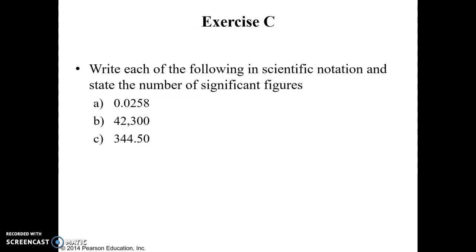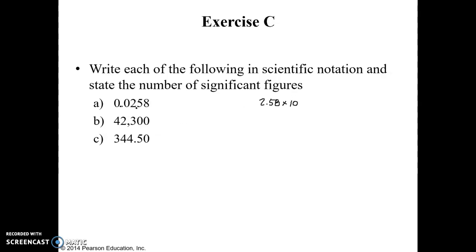Okay, let's do some practice exercises here with scientific notation. We want to write each of these in scientific notation and state the number of significant figures. So if we look at the first one, when we put things in scientific notation, we want the decimal place to come after the first number. So we want this to be 2.58 times 10 to the something.